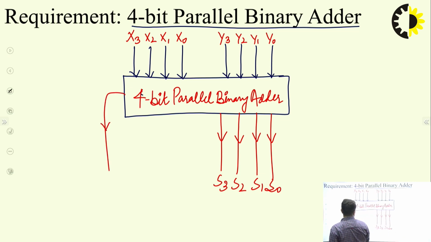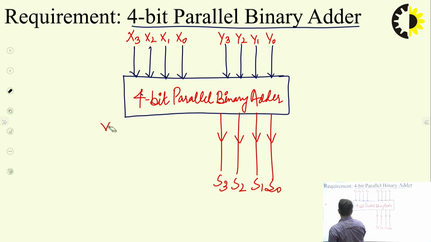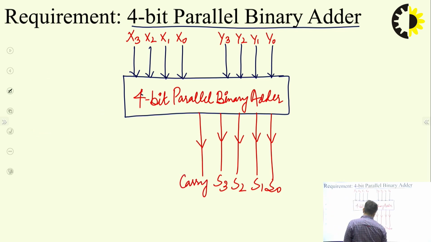For the sake of simplicity, let's denote it here only, carry. So when we are adding 2 4-bit numbers, the answer might go into 5 bits. So this 5th bit will be denoted by this carry. So this is a 4-bit parallel binary adder. It accepts 2 numbers of 4 bits each and produces their sum. Now this 4-bit parallel binary adder is going to be used while designing the multiplier circuit.